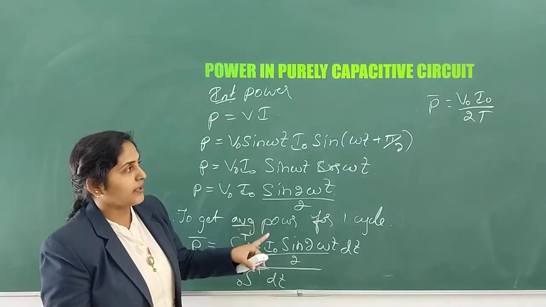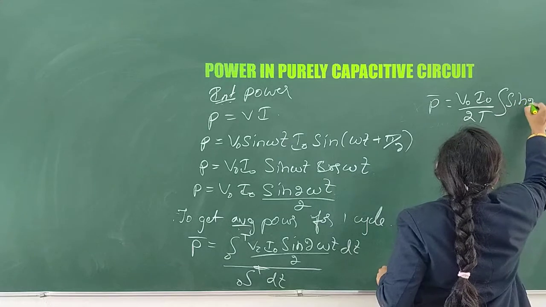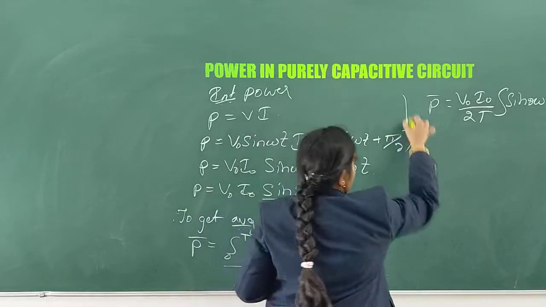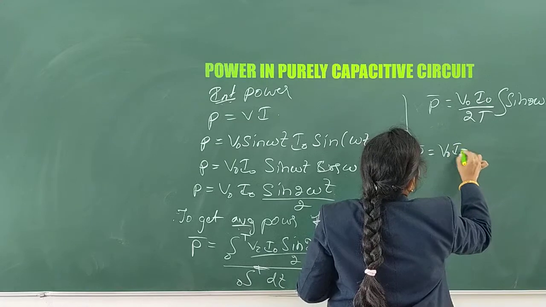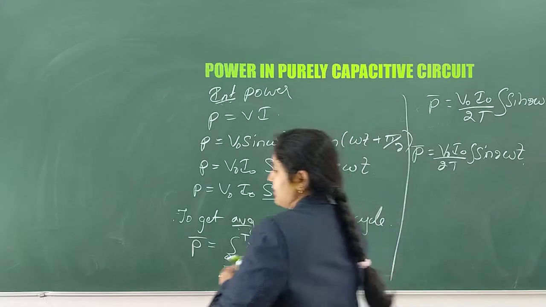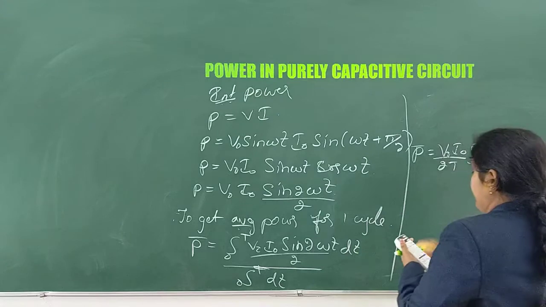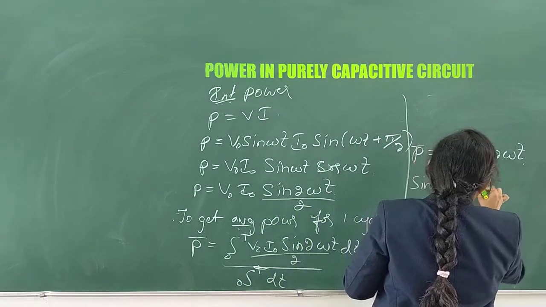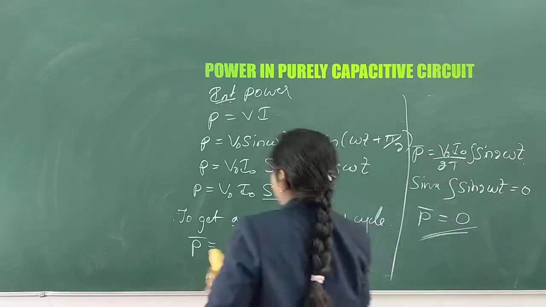So V naught I naught by 2T times the integration of sin 2 omega t, which is 0.